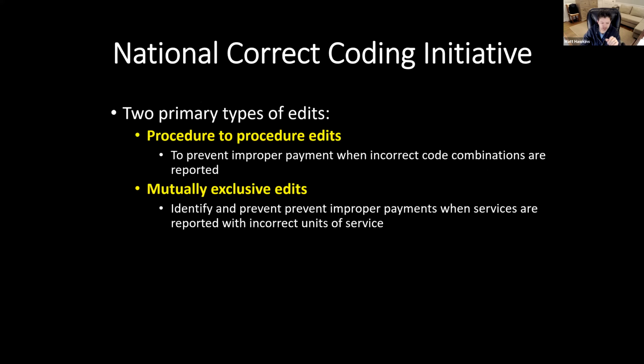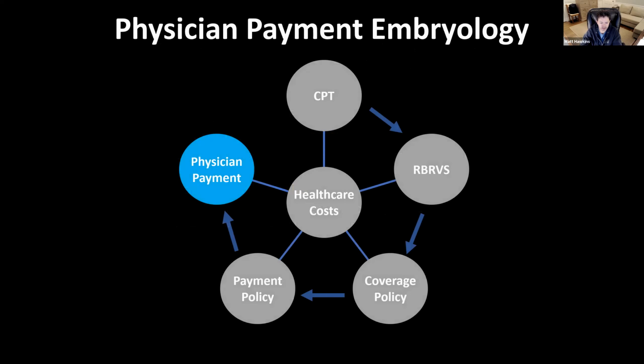These are the two types of edits I just described: incorrect code combinations and incorrect times of services reported in the same day. In the specialty societies, we have a very robust economics team that looks at these to make sure we don't miss inappropriate edits for our codes. And then after all that, you finally get paid. Okay.